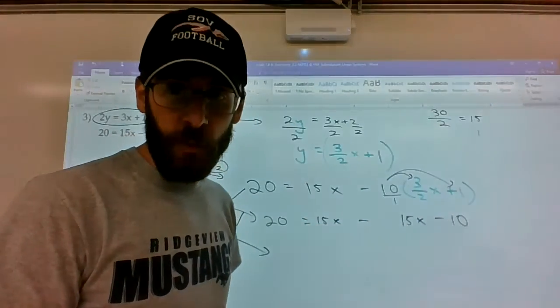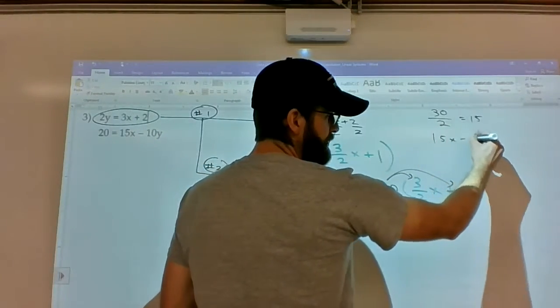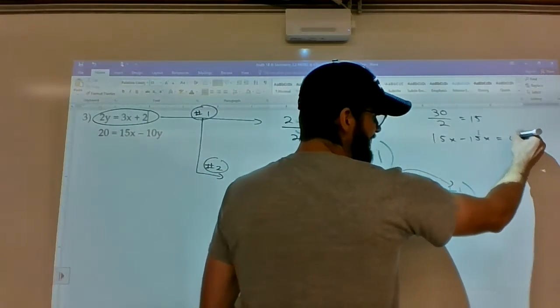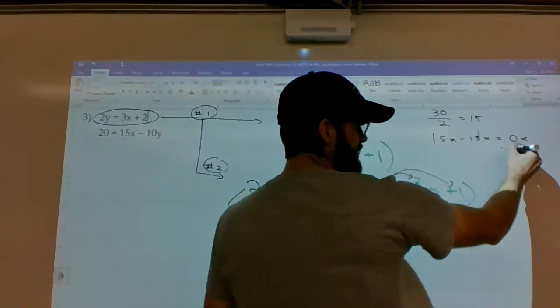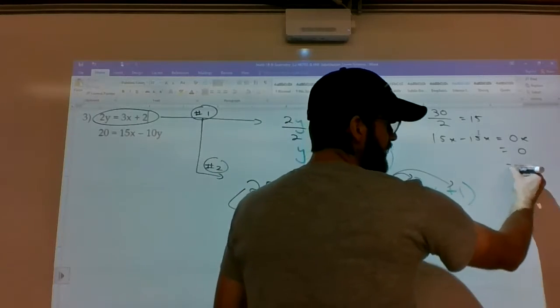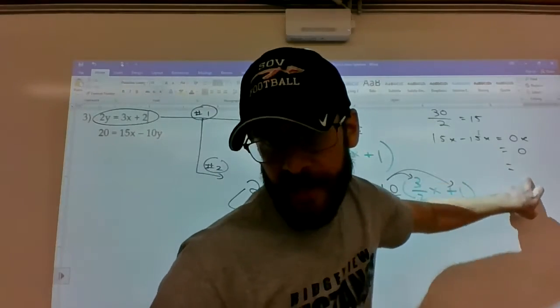In the previous video, we saw that something like 15x minus 15x is completely obliterated. It's 0x, which means there's nothing there, which means absence of numbers. That's what that is. An absence of number.